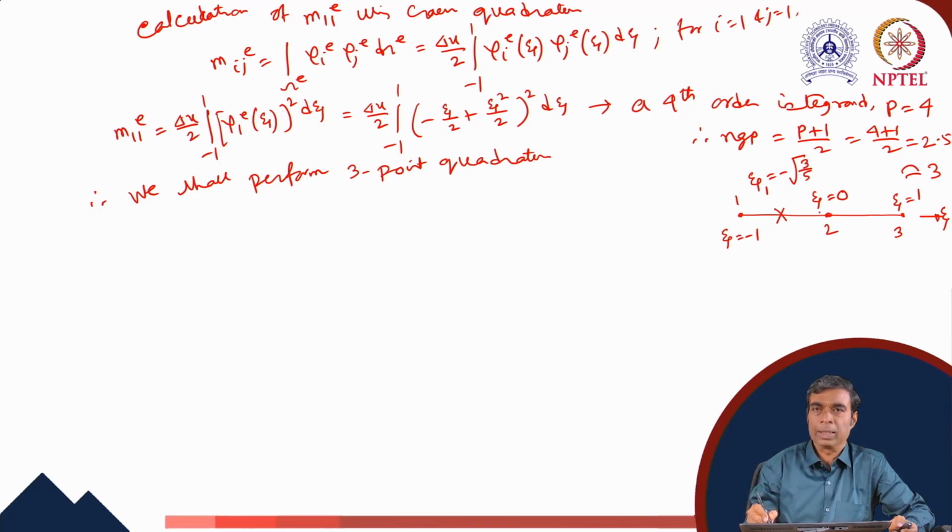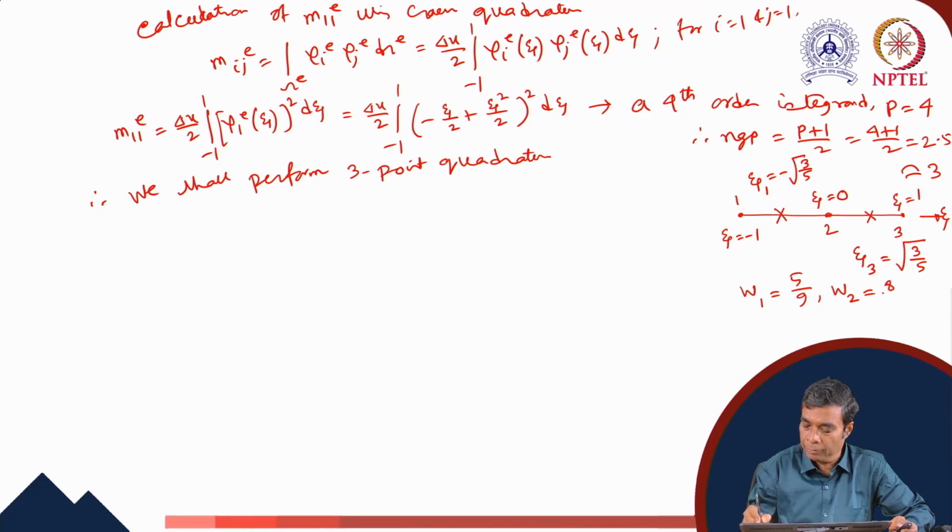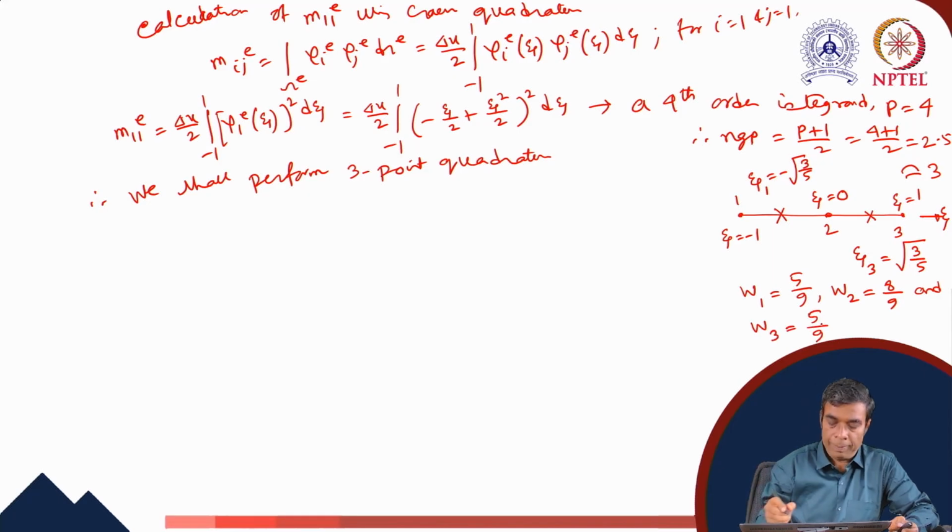The second quadrature point is at the origin, and the third quadrature point, xi 3, equals square root of 3 by 5. Our weights are W1 equals 5 by 9, W2 equals 8 by 9. We have already discussed all these features, and W3 is also equal to W1, equals 5 by 9.